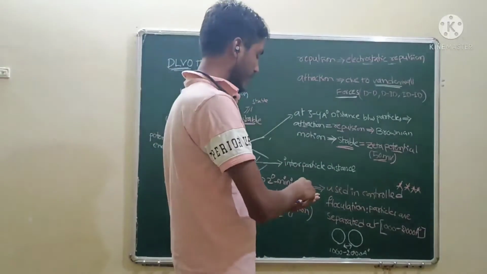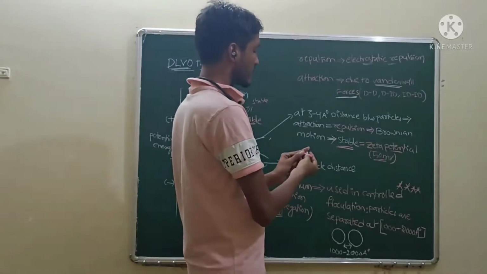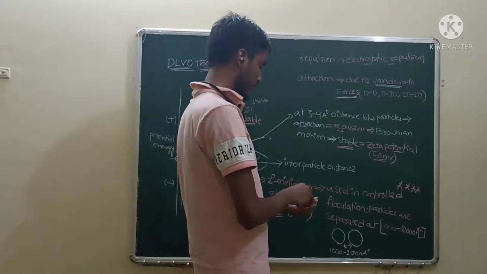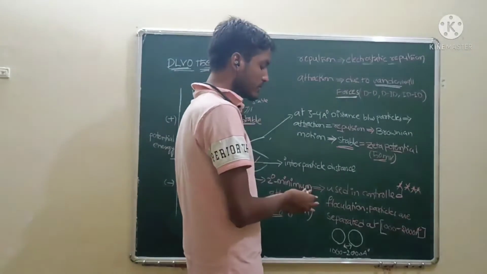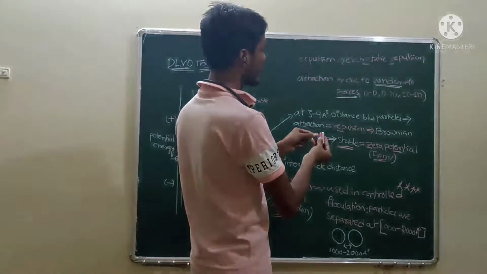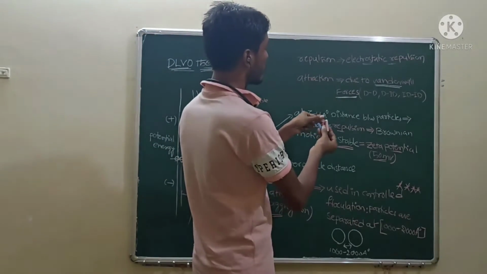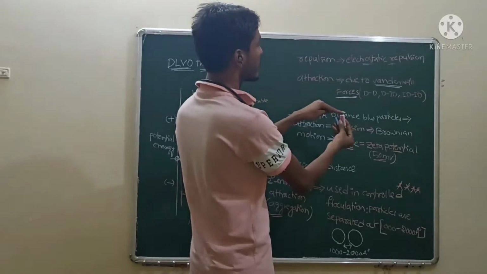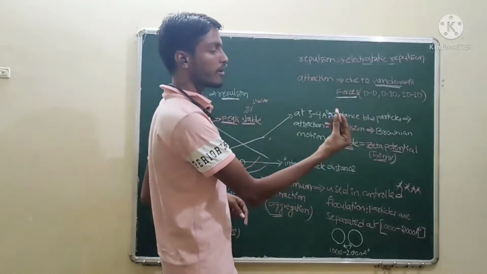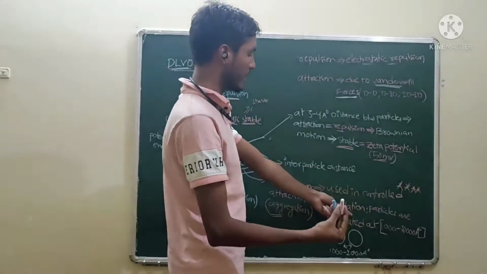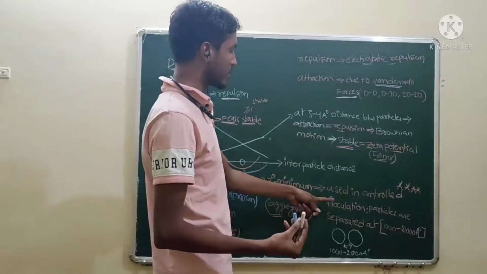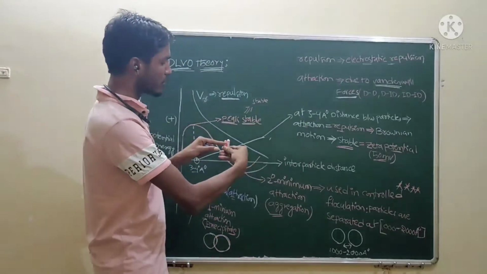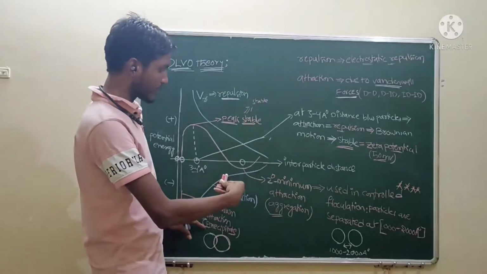The particles are just present near each other, separated at a certain distance, which leads to the formation of floccules. This is the advantage. But at the primary minimum there is no gap between the two particles, which leads to precipitation.